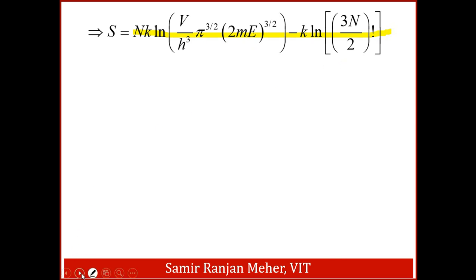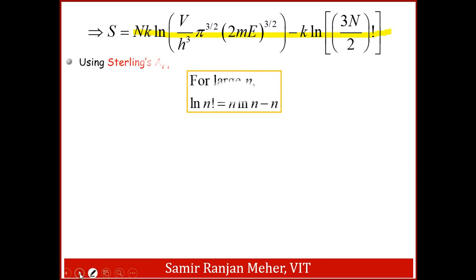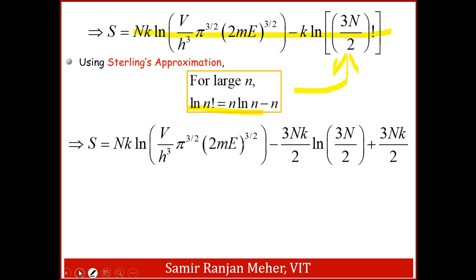So now we have to apply Stirling's approximation, under which for very large values of n, ln of factorial n is equal to n ln n minus n. If I use this on the second term of the above expression, then I can obtain S equal to Nk ln of (V by h^3 times pi to the power 3/2 times (2mE) to the power 3/2) minus 3Nk by 2 ln (3N by 2) plus 3Nk by 2.